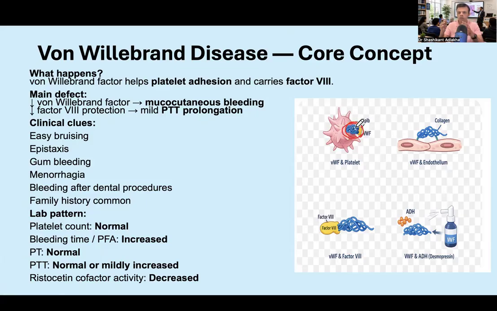As you can see over here, it is adhering to the collagen. It is manufactured and secreted by the endothelial cells, and whenever there is any kind of trauma, it gets released and forms a bridge between the subendothelial collagen and the GP1B of the platelet. So it causes platelet adhesion.